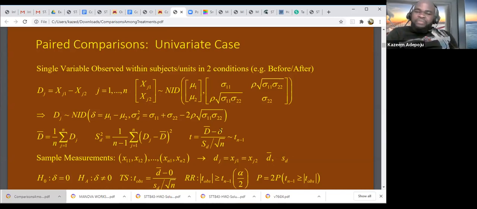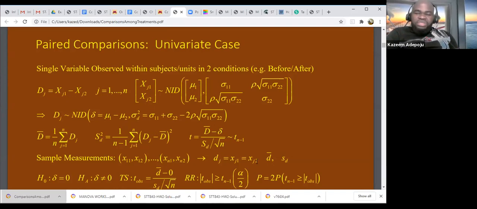Of course, theta is going to be the true mean difference. So if I want to do that, this is the test statistic that I'm going to use. And the distribution of the test will follow a t distribution with n minus 1 degrees of freedom. Okay. So this is what we do in the univariate case.